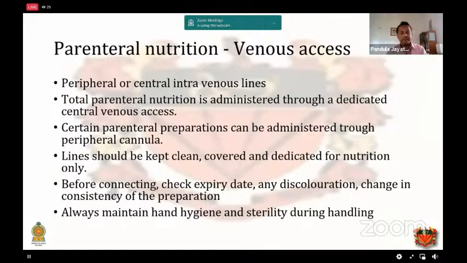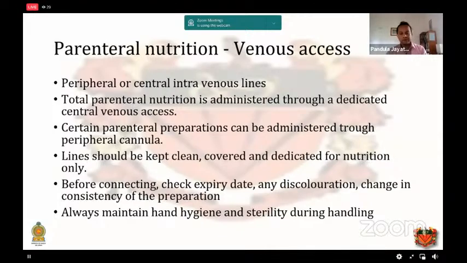If parenteral nutrition is administered through a central line, it has to be a dedicated central venous access. The problem is that this central venous access line can be a source of infection, so we have to keep these lines very clean, covered, and dedicated only for nutrition.